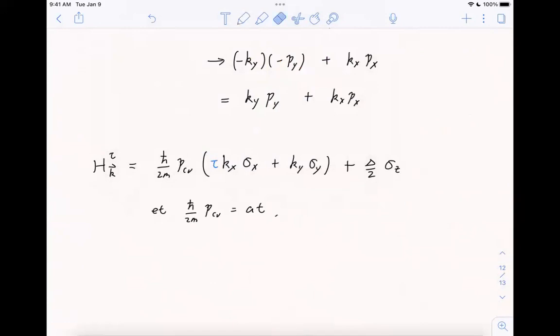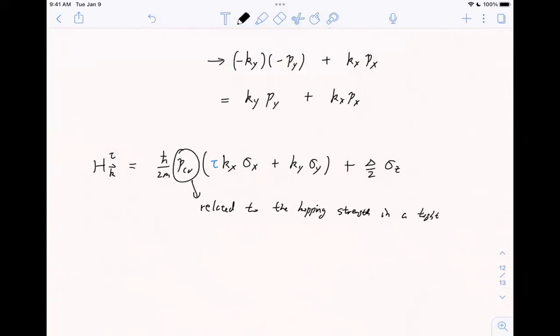Probably I don't need to make this connection now, because when you do the calculation of PCV in a tight binding model, you're going to relate this to the hopping strength in a tight binding model. I mean, we have not used a tight binding model. We're using a KP approximation. It's not tight binding, but this parameter is the transition dipole.